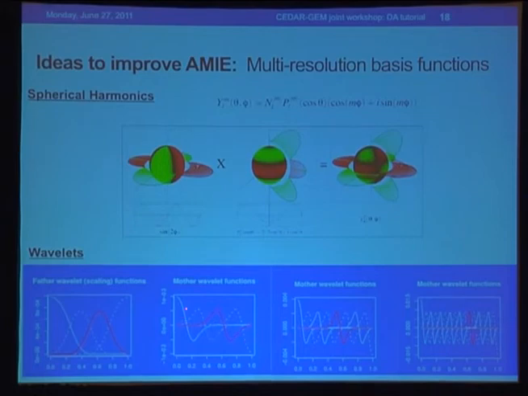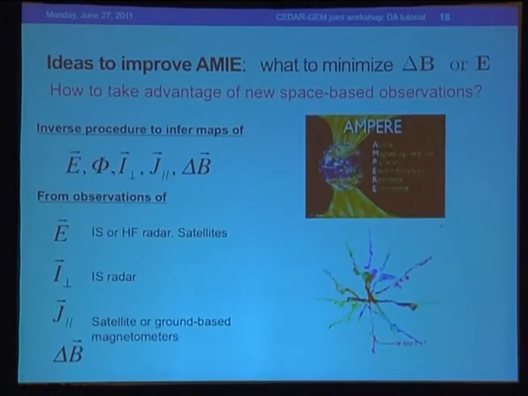They look similar, and the frequency of these waves gets halved and halved again, so it's scaled. These are simple functions, but we could use them to describe these states better. That's the second idea to improve AMIE.